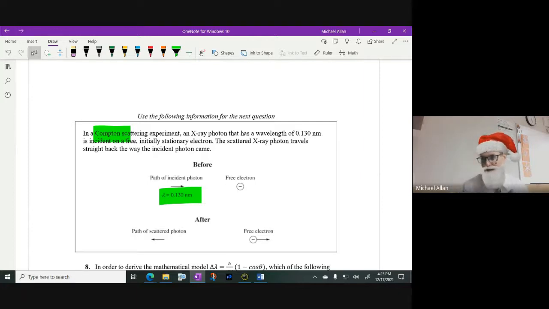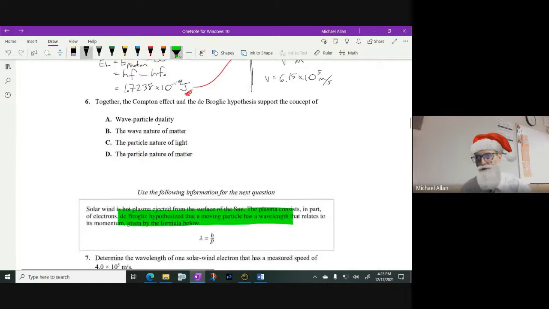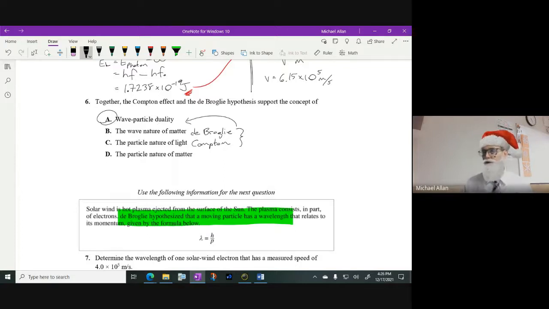So waves have momentum, and things with momentum behave as if they're waves. So we put those together. The wave nature of matter, that's de Broglie. The particle nature of light, that's Compton. If I put these together, I get the wave particle duality.